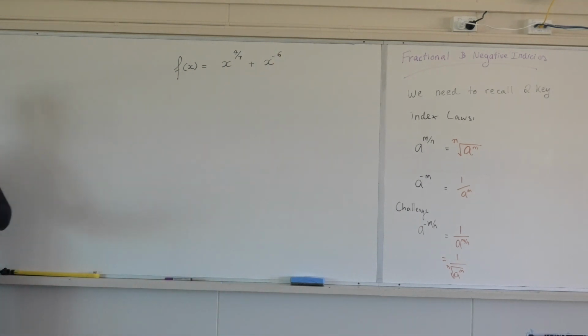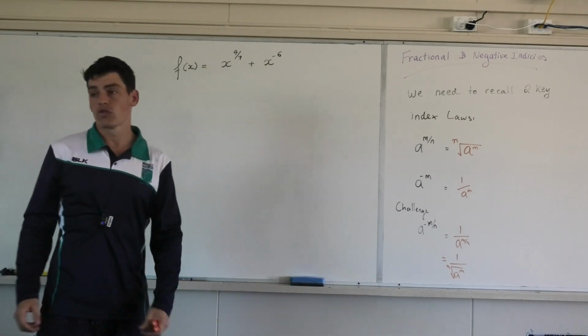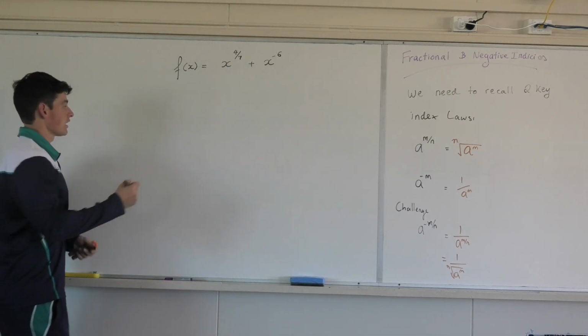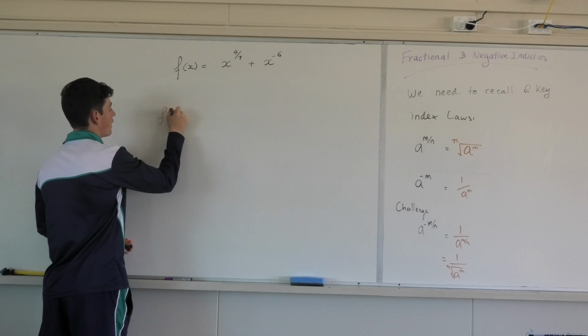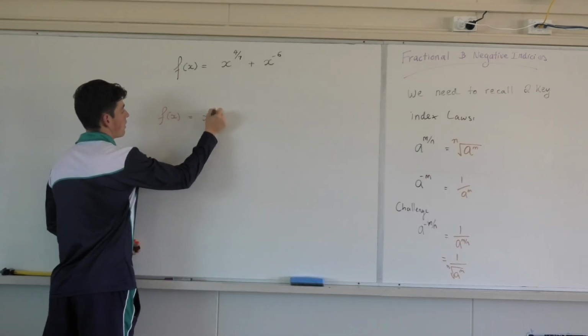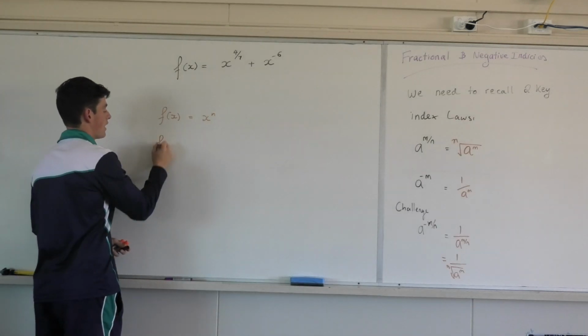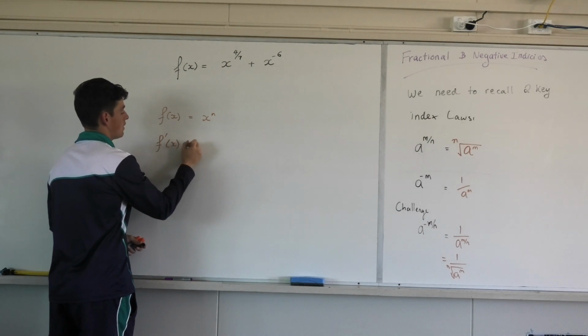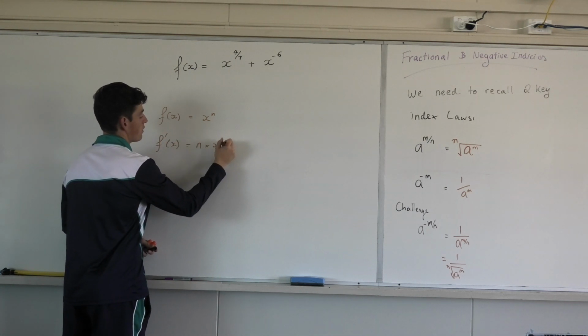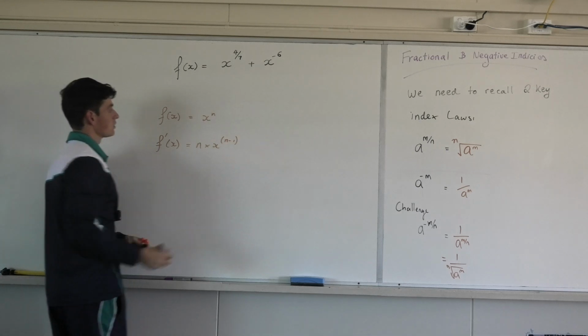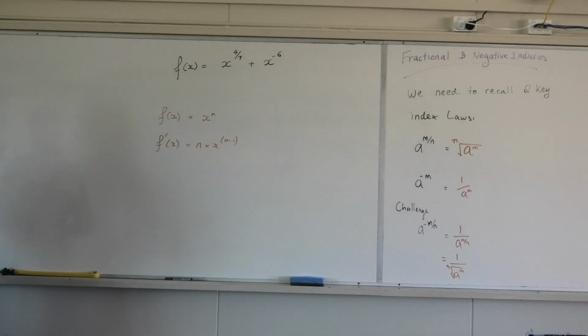We do each term individually. We use the same rule that we use for our regular derivative. Just in case we forgot that, if I've got f(x) equals x to the power of n, f dash x becomes n times x to the power of n minus 1. So just apply that rule to that function. Let's go. I'll give you 30 seconds, it shouldn't take you any longer.